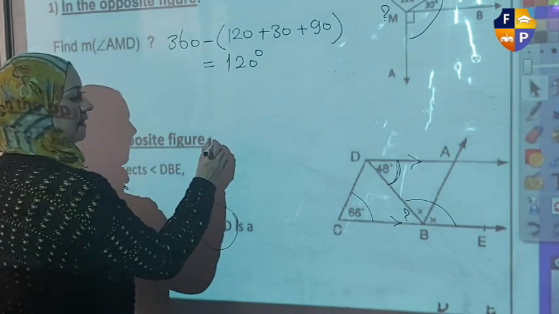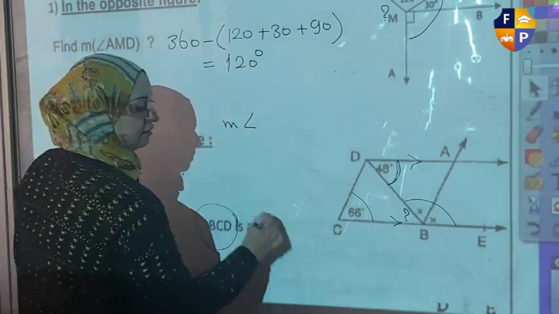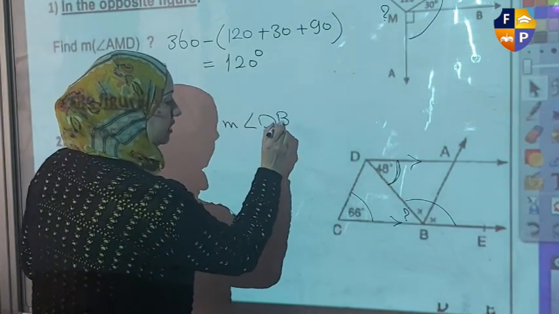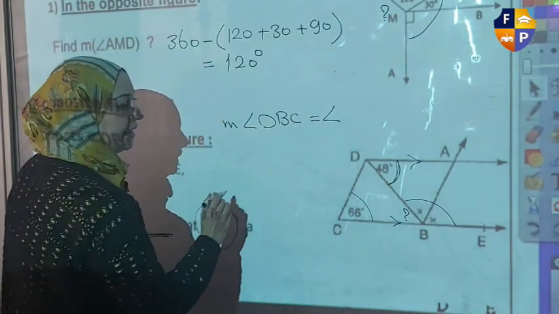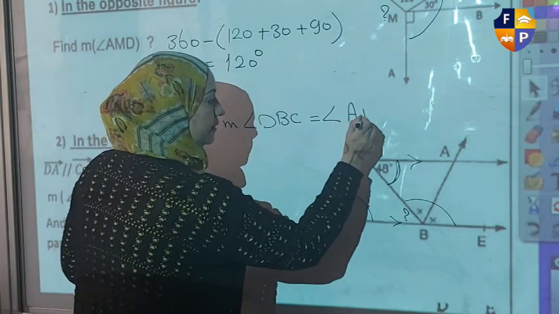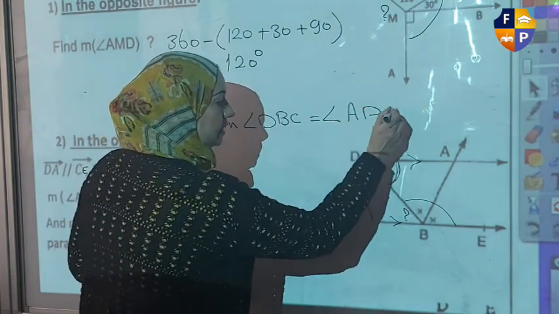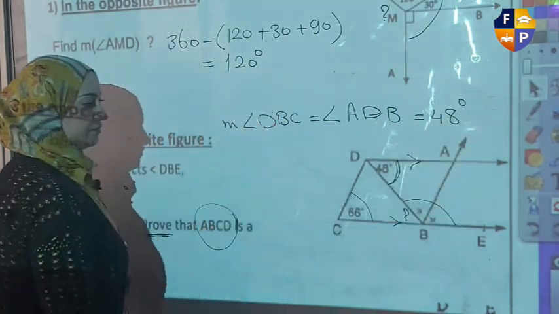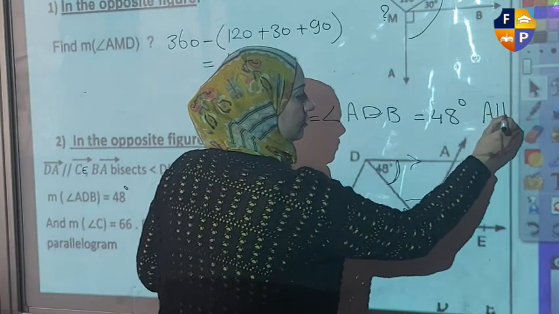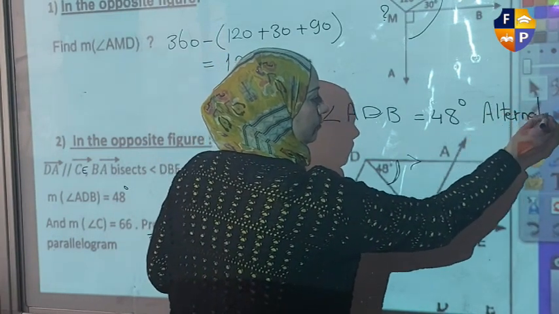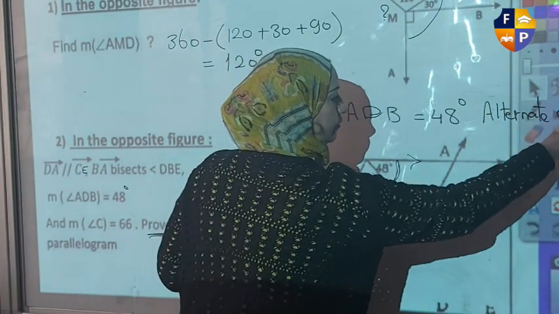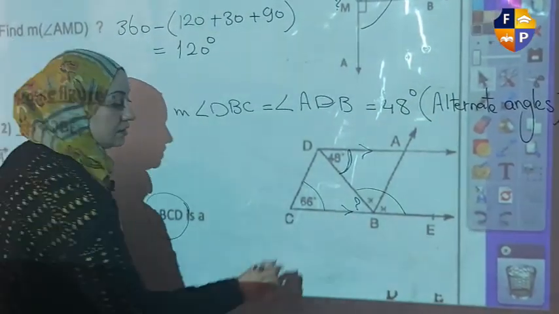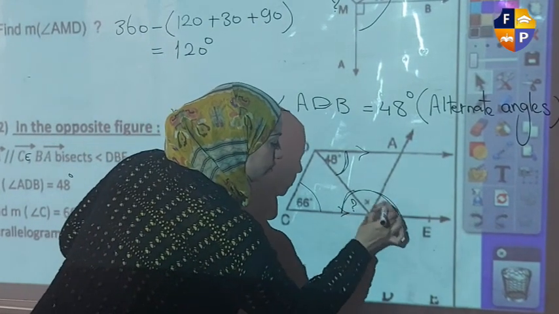Measure angle DBC equals measure angle ADB equals 48 degrees, alternate angles, okay?